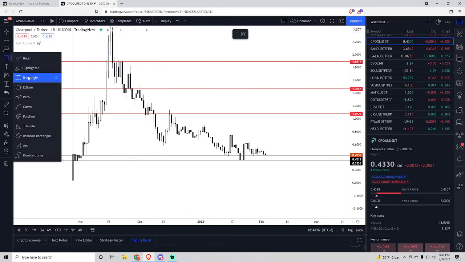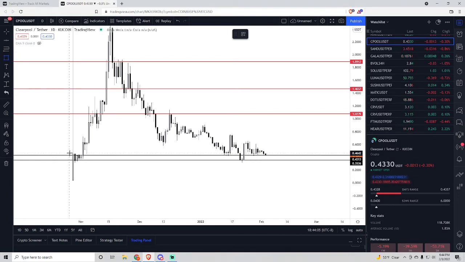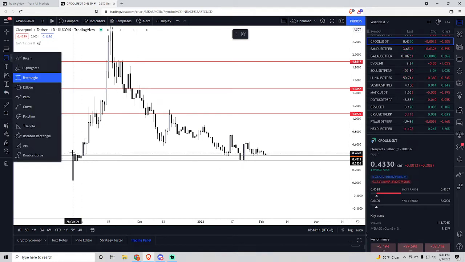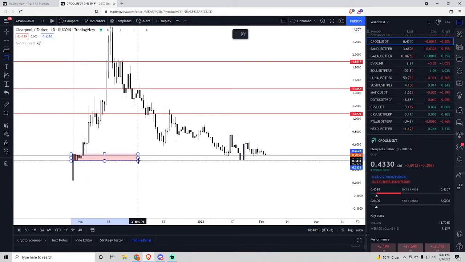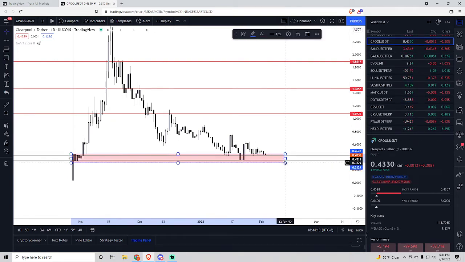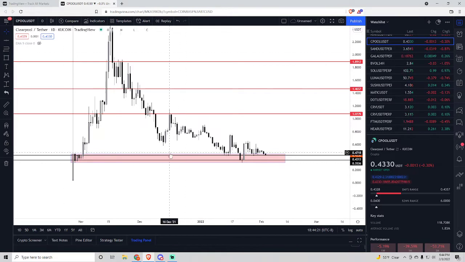So I'm going to be using blue boxes for demand zones and red boxes for supply zones. Okay, so we're going to draw, and these have filled, but I'm going to be using the replay function, and you'll see what I'm talking about. So let's use blue here.